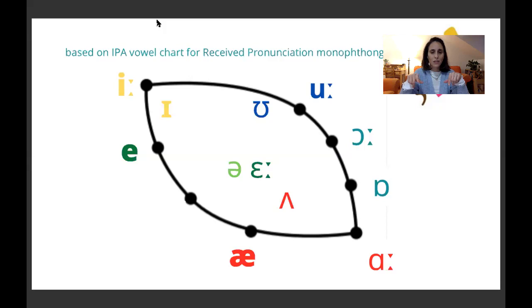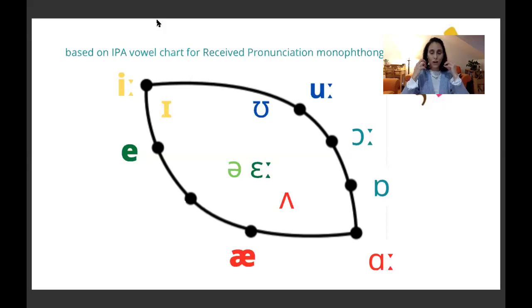Then we have the phonetic symbol where the tongue is not on the top, it's not higher. Then we have the sound like "up", where your mouth is wide open, and then we have this one that is more on the back of your mouth.